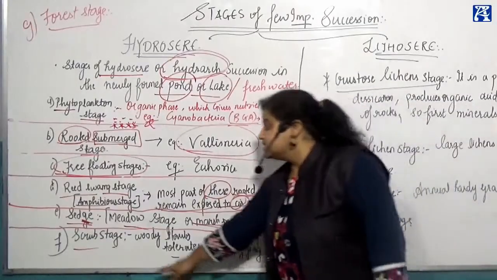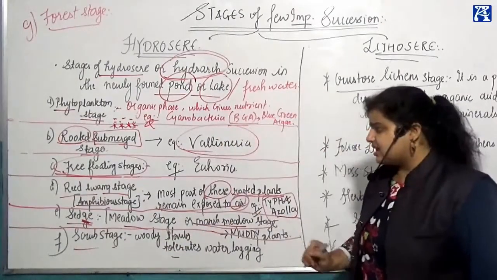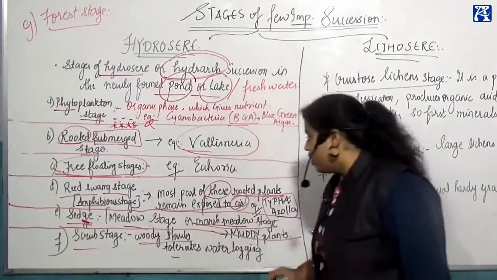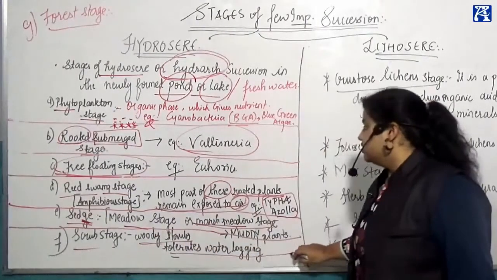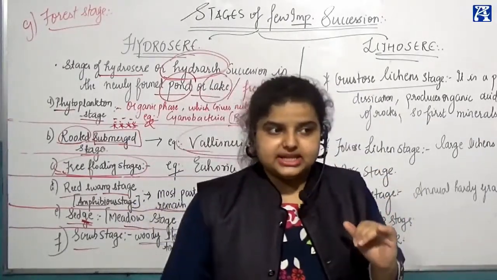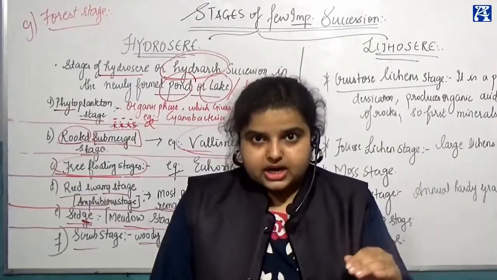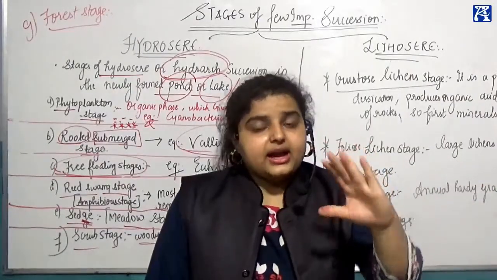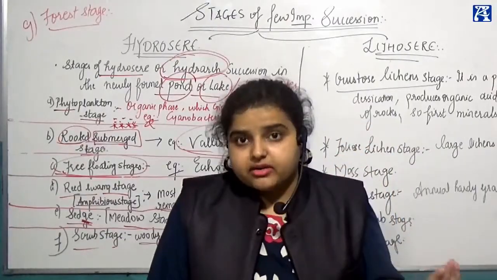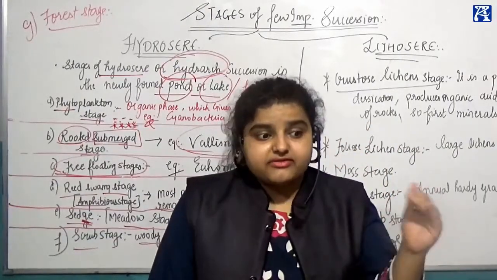Then comes the scrub stage. What is this scrub stage? The scrub stage has woody shrubs that tolerate water logging. Shrubs are basically small plants which float on the water, and they do not grow more than about 1 to 5 inches in height.